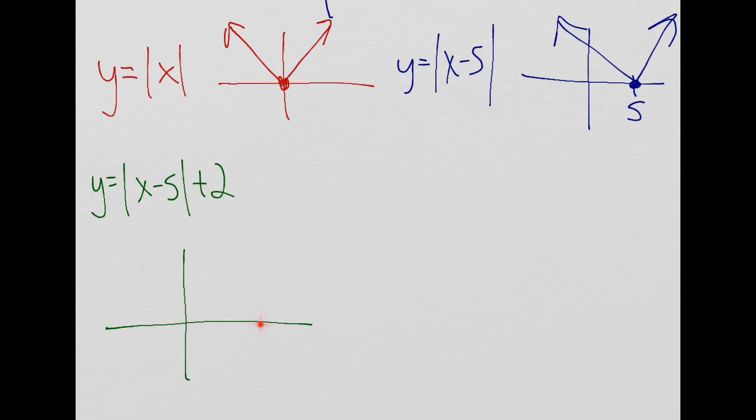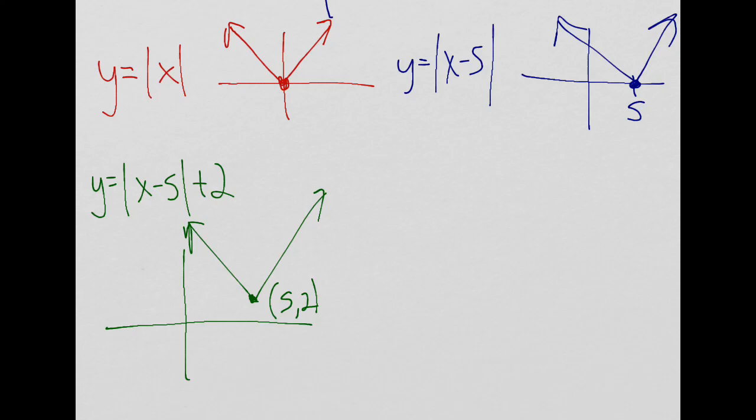So that means it's going to go over to x equals 5, because that's where the pointy part's going to be. But then I have this plus 2 on the outside. So what that does is it moves it up 2. So I'm going to put a dot somewhere in the region of over 5 up 2. And I'm going to draw my absolute value so that the pointy part is there. And then I label it by writing 5, 2. And you should be able to do all that.